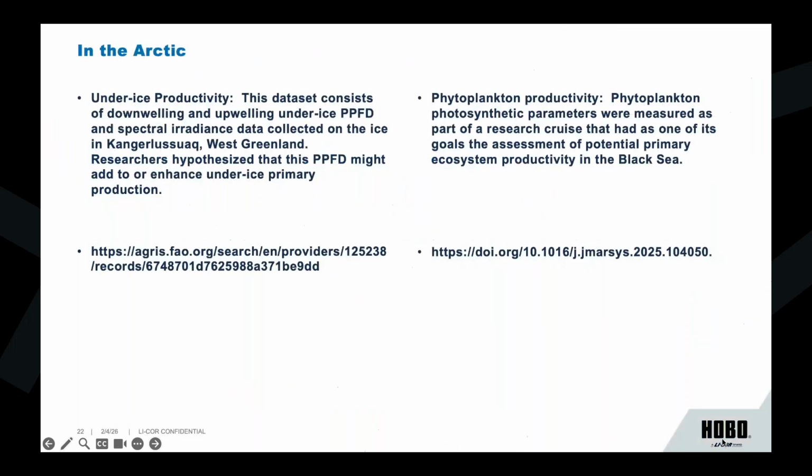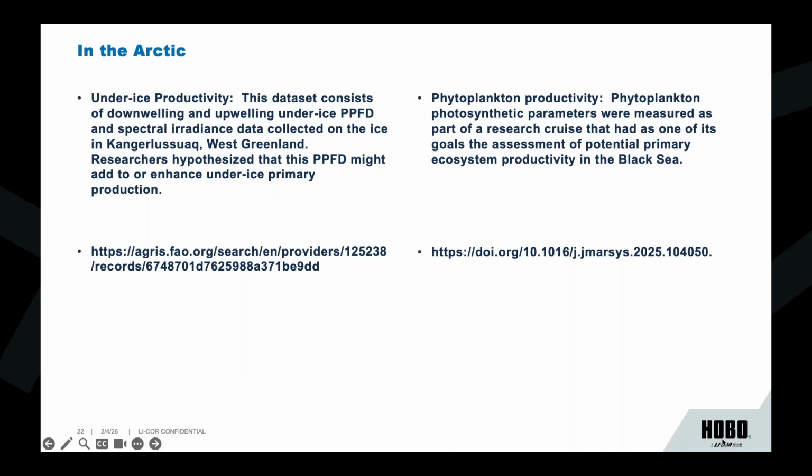So a particular group wanted to know about upwelling and downwelling PPFD under ice. So not just looking at light in general, but light after it went through the ice layer and what effects that had on the primary productivity of that particular area of West Greenland.